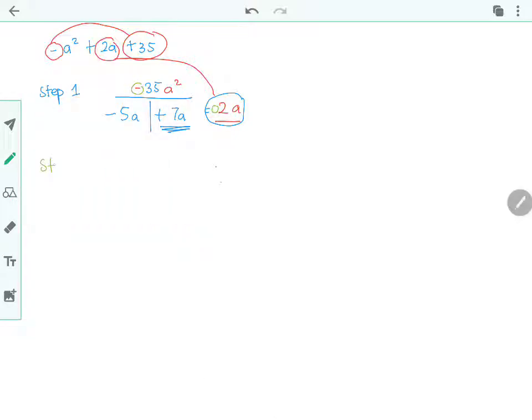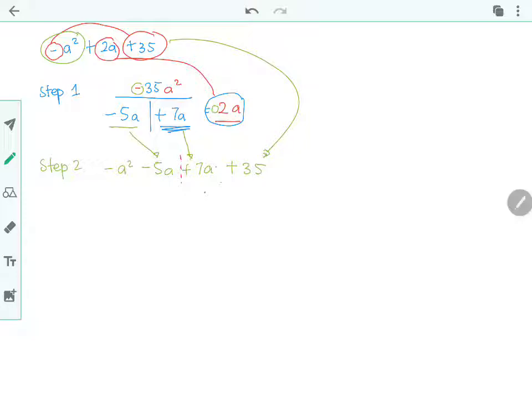Now let's go to step 2. I just need to rewrite it again. So I have negative a squared, minus 5a, plus 7a, plus 35. Remember, what you need to do is divide it into two terms.